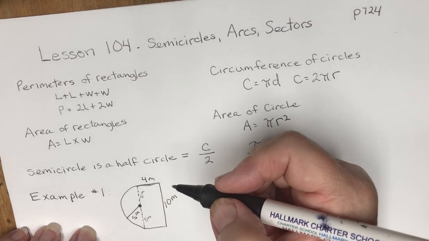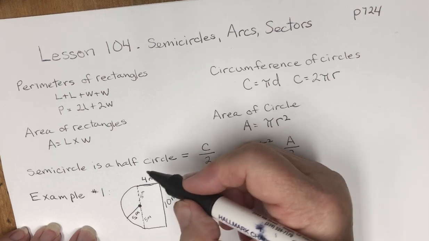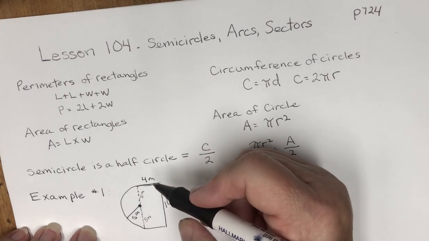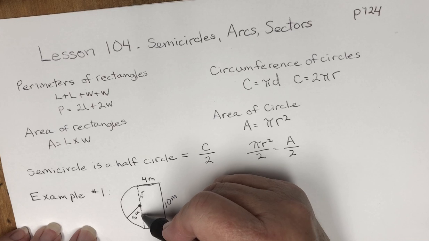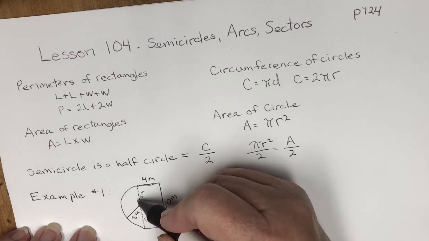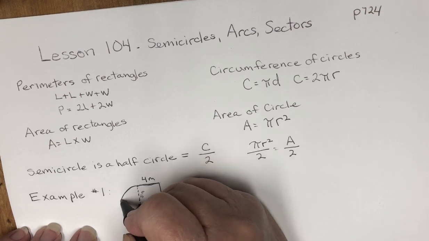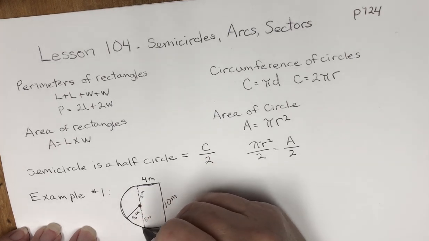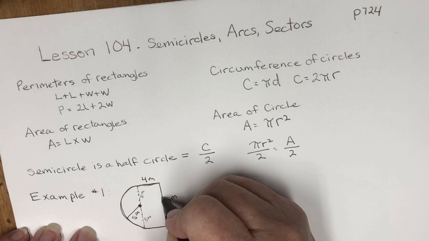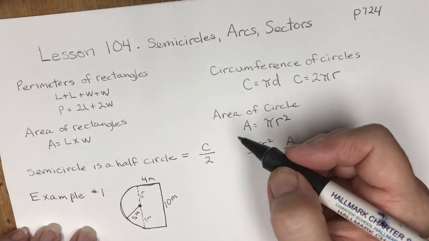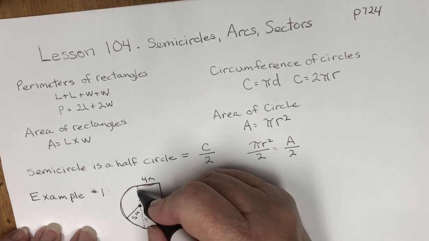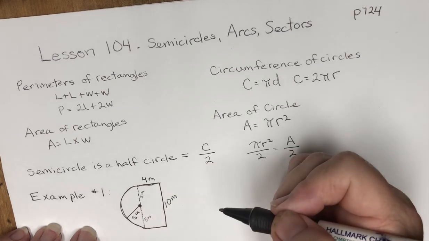Now when we're figuring out perimeter of a figure like this, we are not going to count the internal structures inside, because the perimeter is only going to account for around the half circle and around the rectangle. This dotted line will not be part of the perimeter.